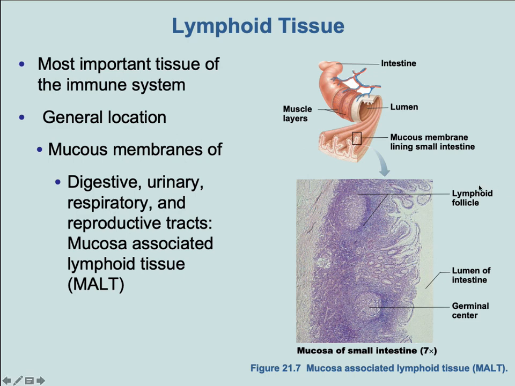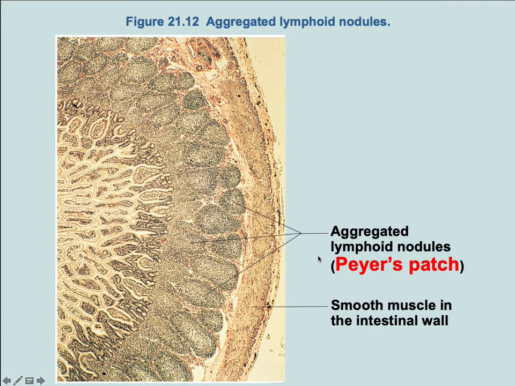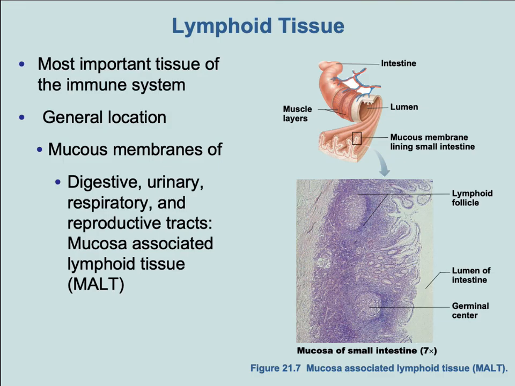The lymphoid tissues are a very important part of your immune system. They can be found in the mucous membranes of various places. Consider the fact that the food you eat is not really sterile, so every time you eat something, there's also always a lot of bacteria in it.